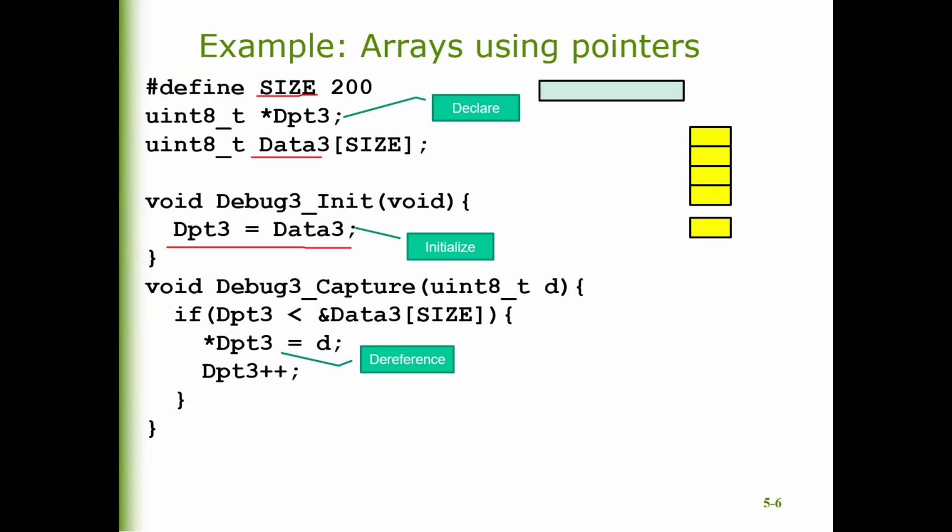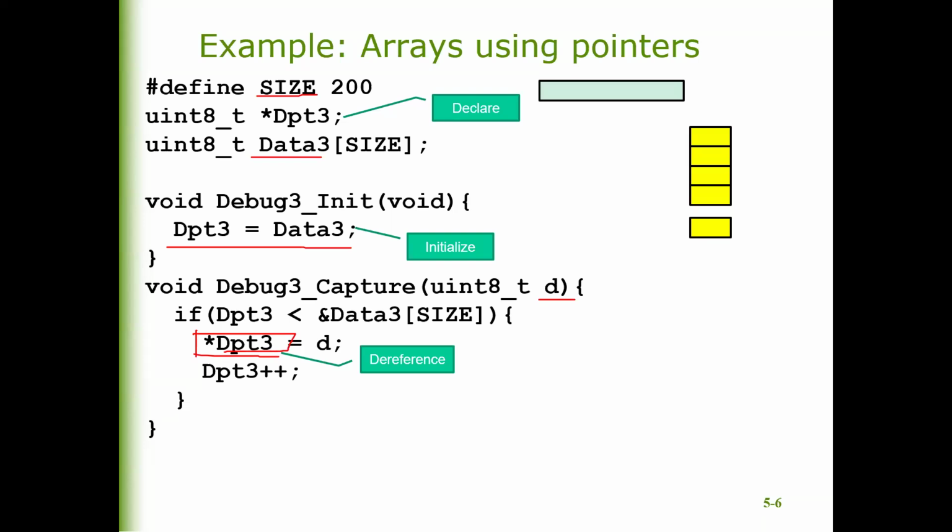So let's go to the next one. At the bottom it is just straightforward. This is the dereference, and what this does is capture a value. We can assume this letter D is an input, and this means that we save the value of D into the first address of the memory.